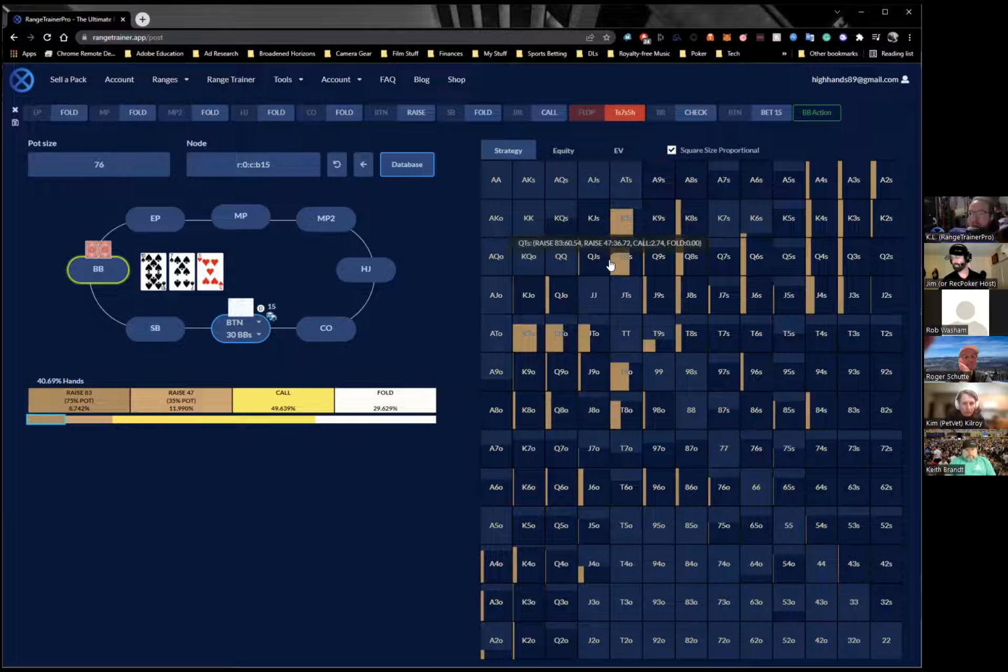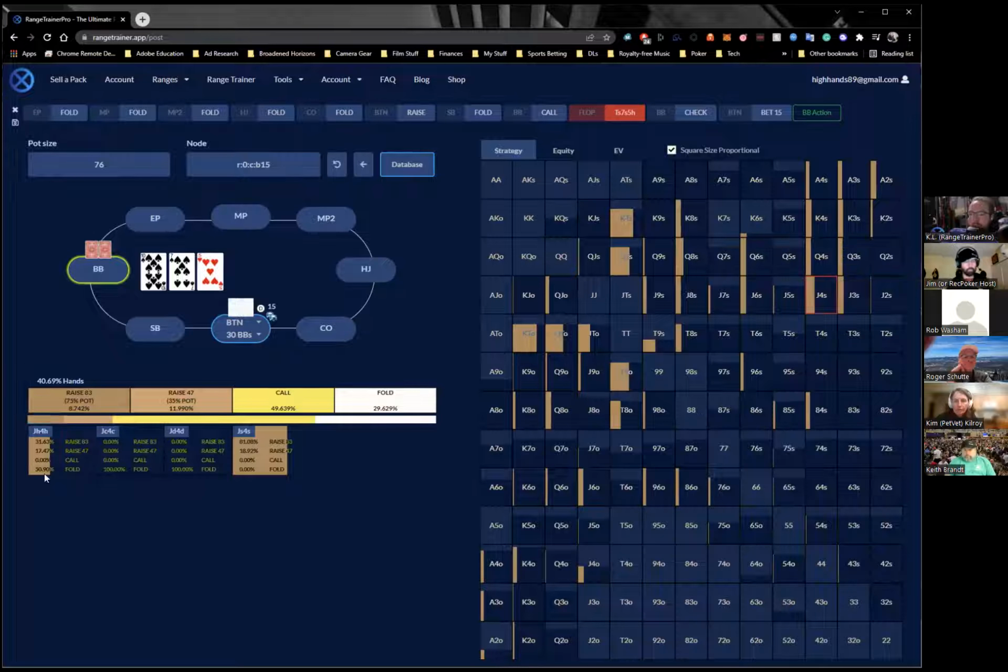We can see obviously that basically all the check raises are either top pair or soft flush draws, or soft backdoor draws.